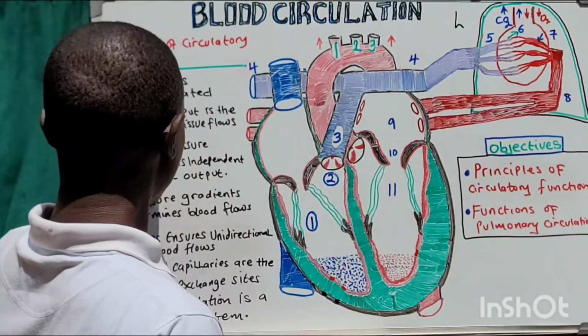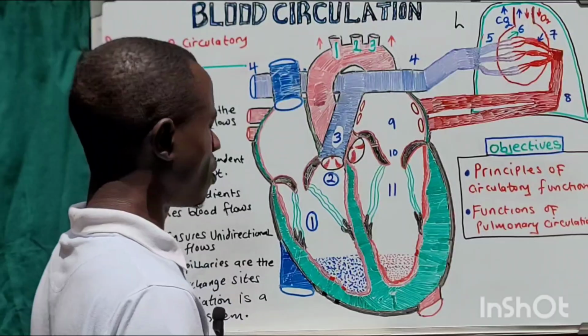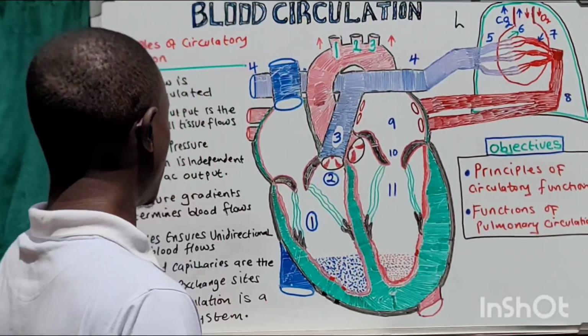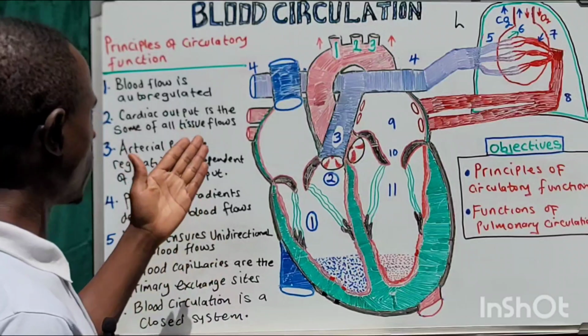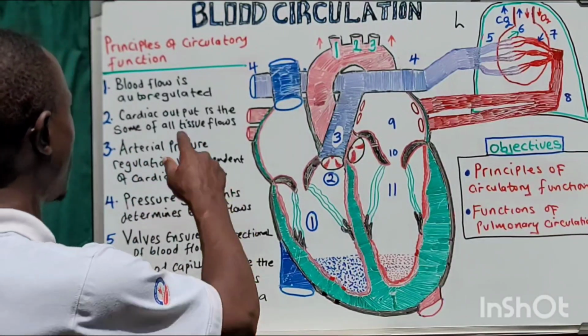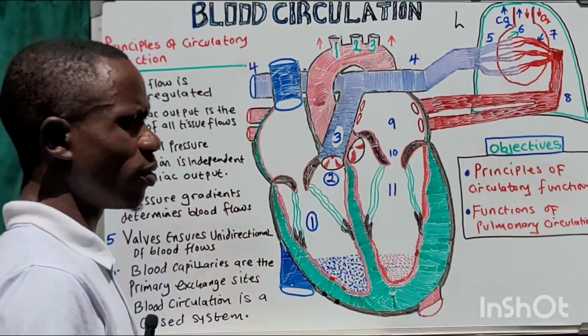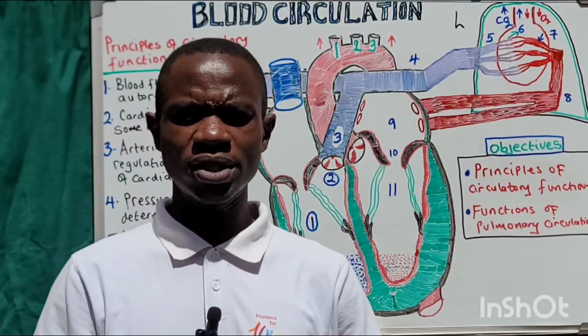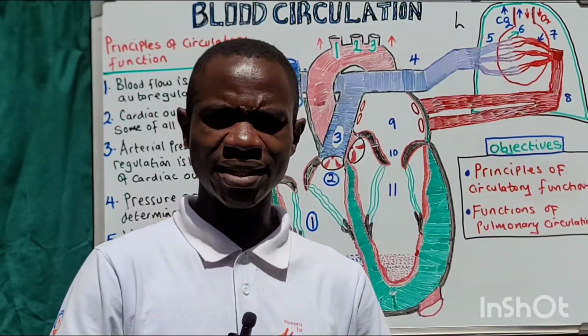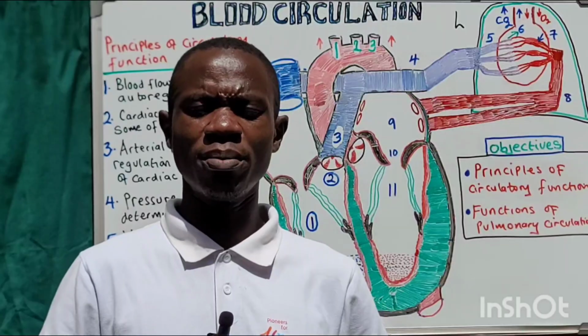We are starting with the principles of circulatory function. Now, the first principle among the principles of circulatory function is that the blood flow is auto-regulated. What do I mean by this? For example, if you start to do a vigorous exercise, the tissue demands will not remain the same.